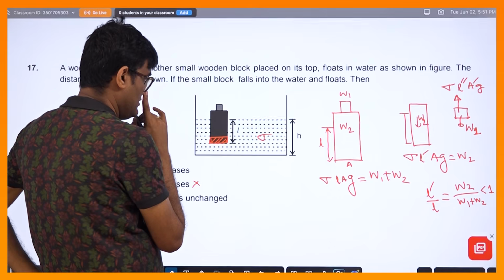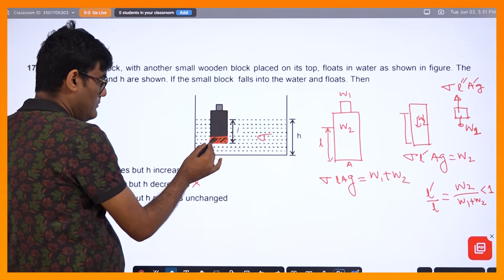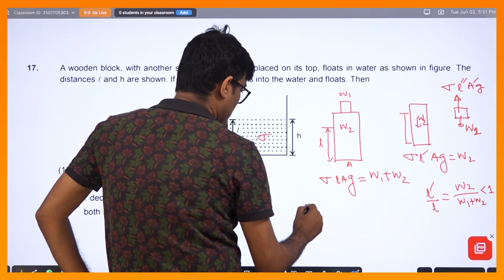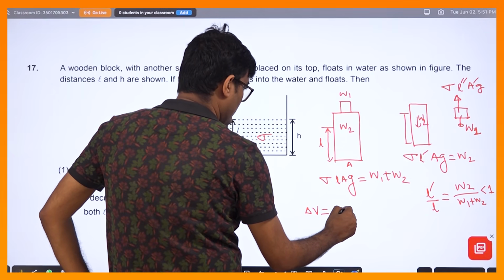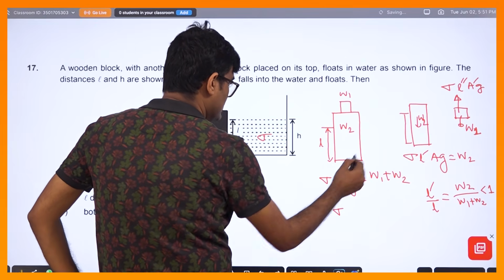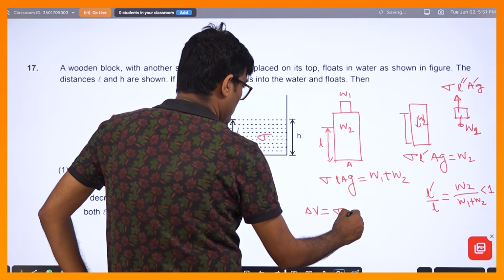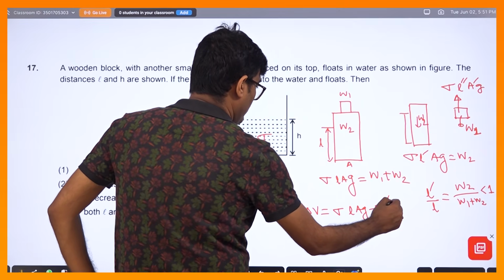Let us see. What is the amount of volume that is released? The amount of volume released is this minus this, LAG minus L prime AG.